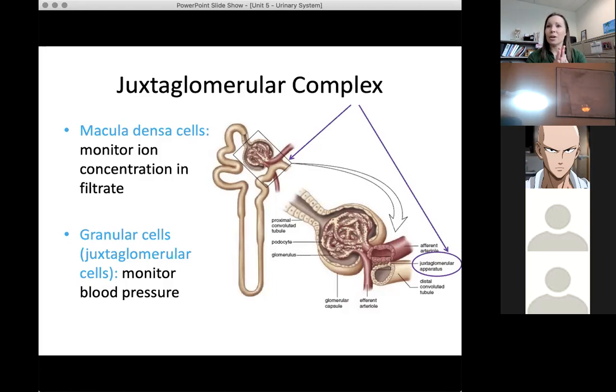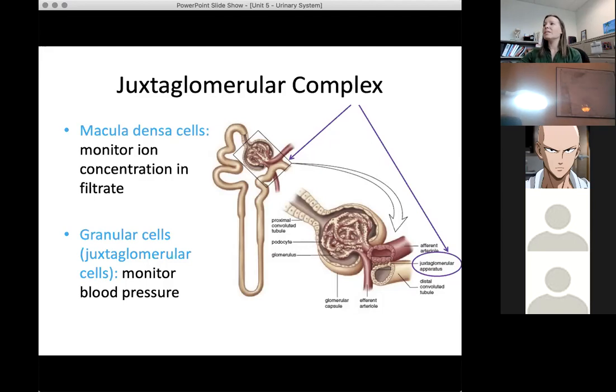And it's right there that there are two special types of cells. There's a special type of cell in the tubule right at that spot. And there's a special type of cell in the arteriole right at that spot. These special cells are listed in your outline. These are the macula densa and the granular cells.